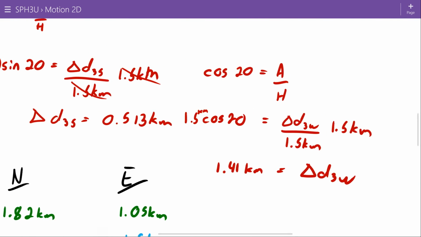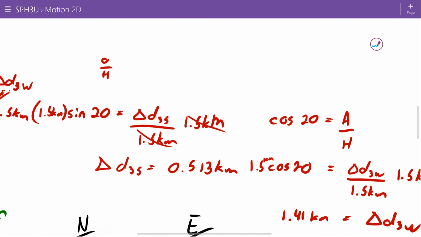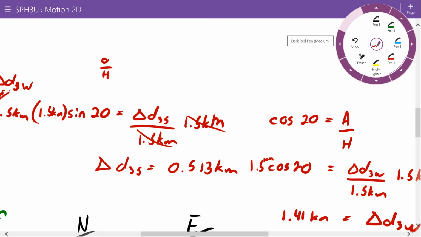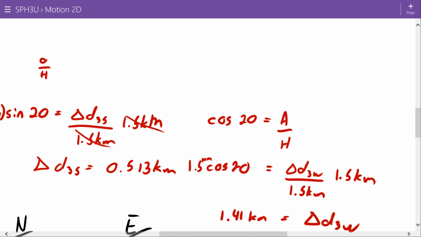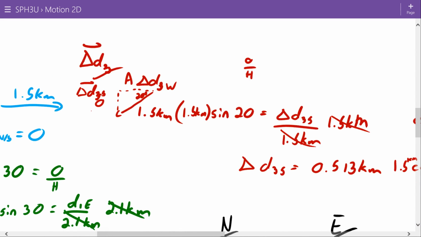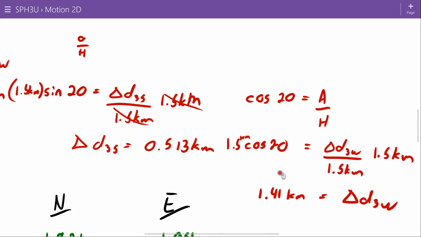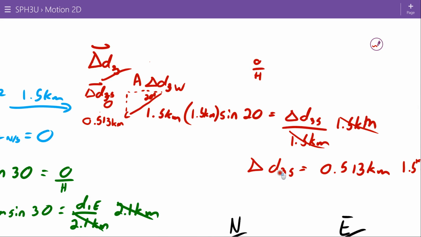I didn't do my little trick that I mentioned before, so maybe I'll just pause and do that for a second here. What I said was transfer the values to the diagram and see if it looks like it makes sense. 0.513 kilometers here would be the south component, and 1.41 is the west component.